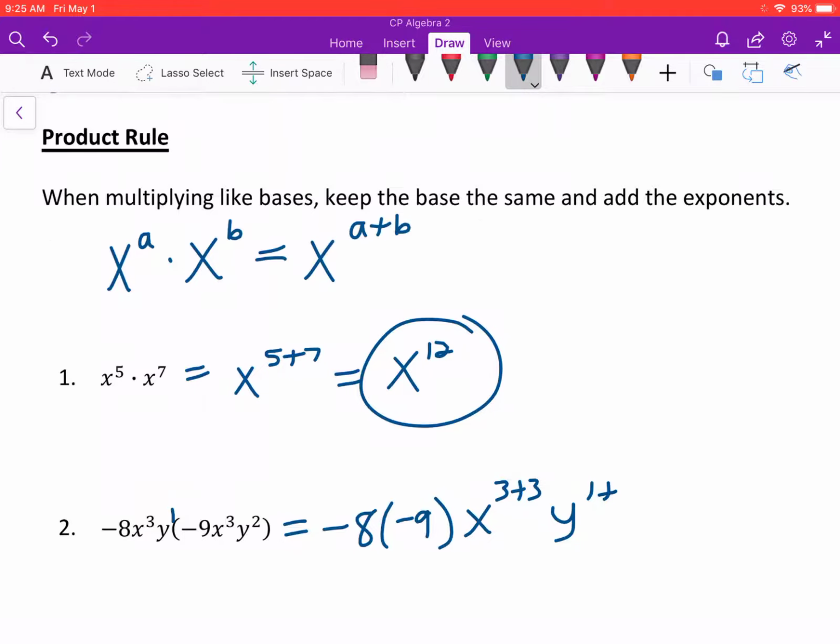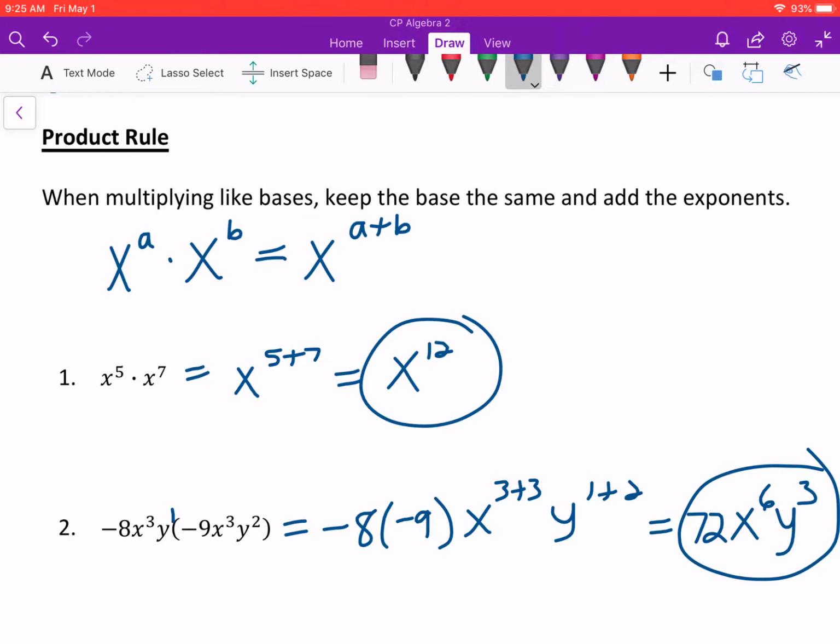So that's 1 plus 2. And negative 8 times negative 9 gives us 72. x to the power of 6, y to the power of 3 for our answer. So that's how you would use the product rule.